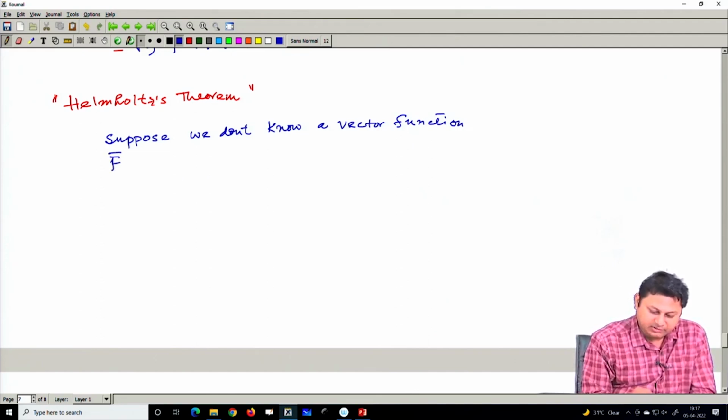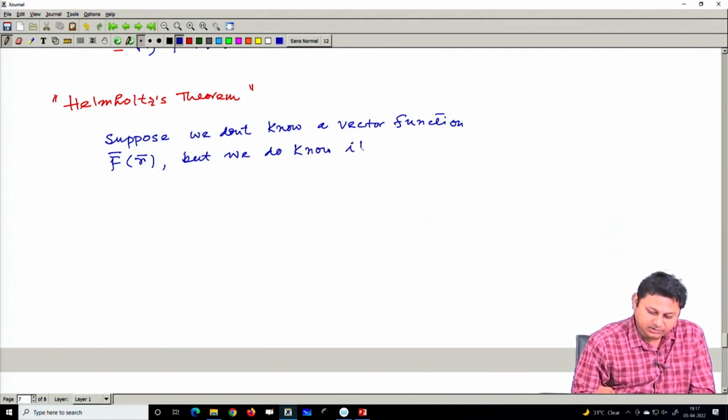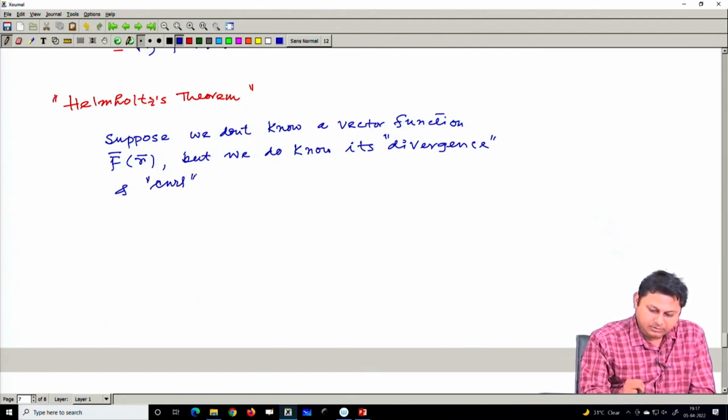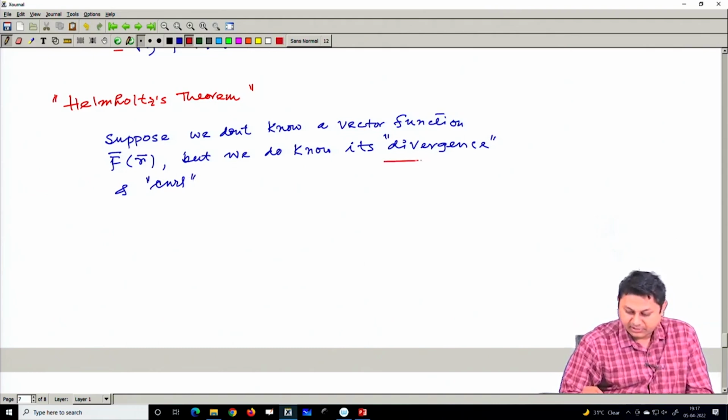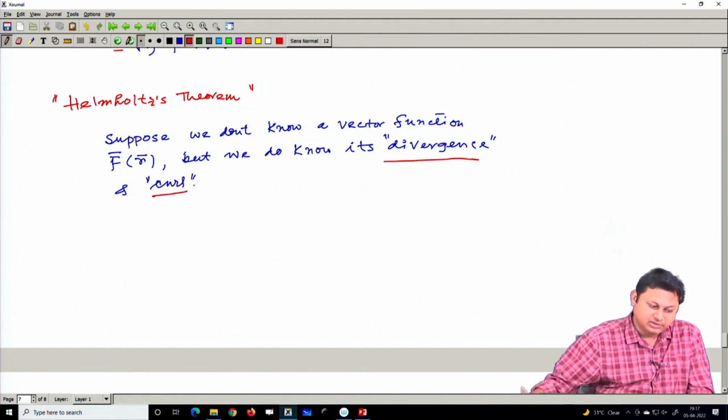The explicit form of this vector function is not known, but we do know its divergence and curl. This is important. The divergence and curl of this vector function are known.